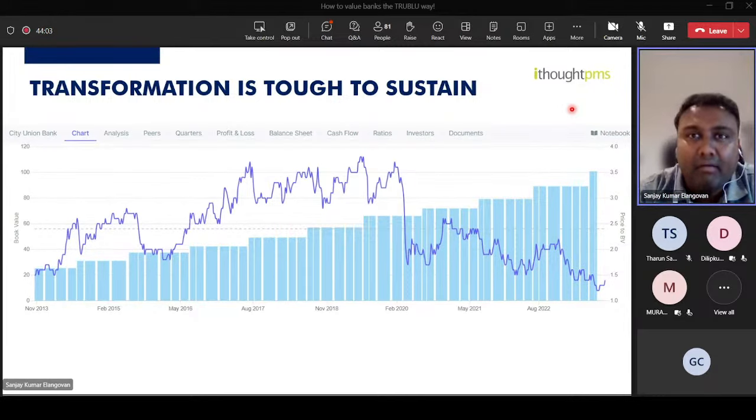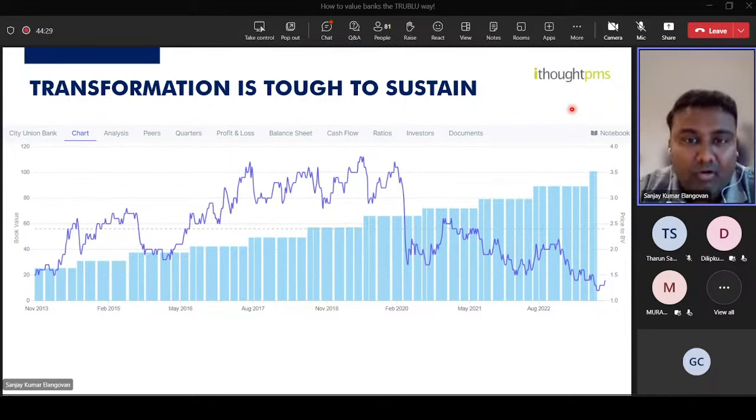City Union Bank was apparently called the next HDFC Bank because of what they had been doing. There was a lot of narrative around this bank saying that for 100 years they've had only 6 CEOs, but they weren't able to sustain that transformation. From the peak of 3.5x price to book, today it's below 1.5x price to book. Today they're saying that they don't have the technology to grow.